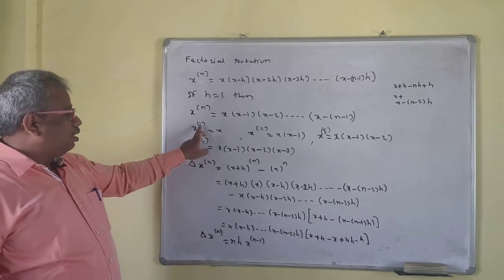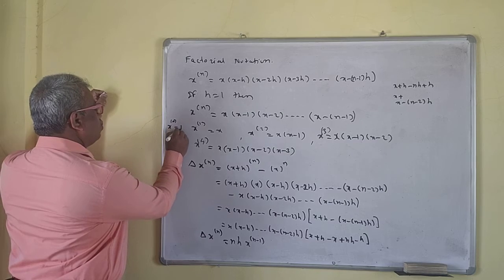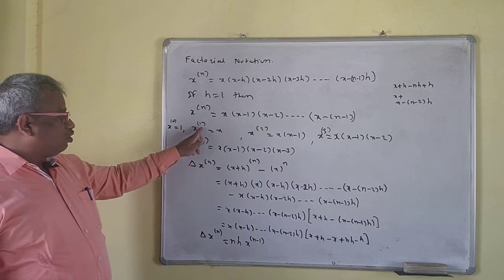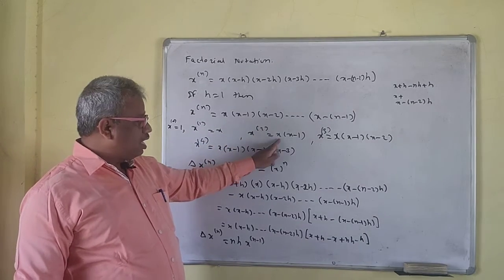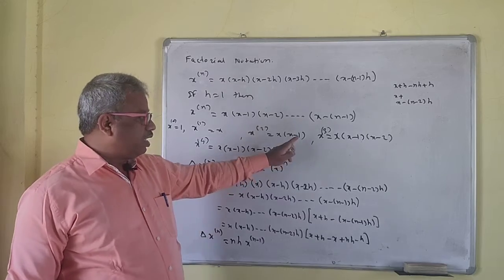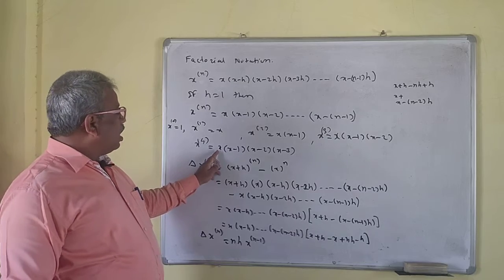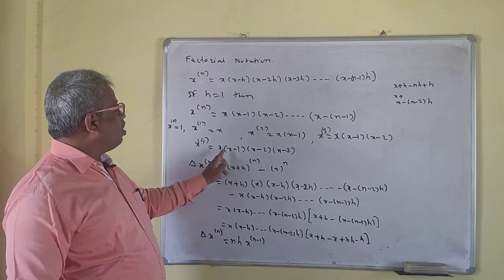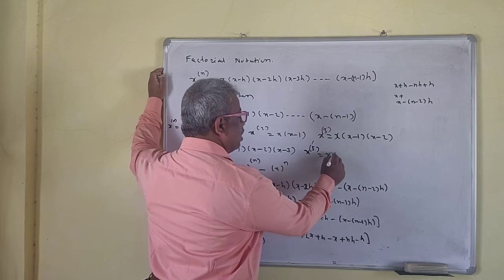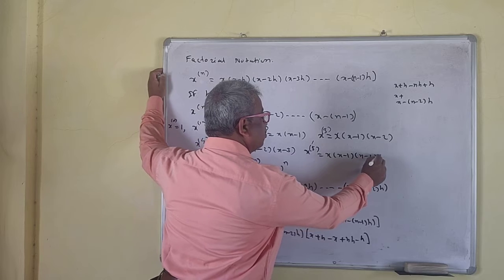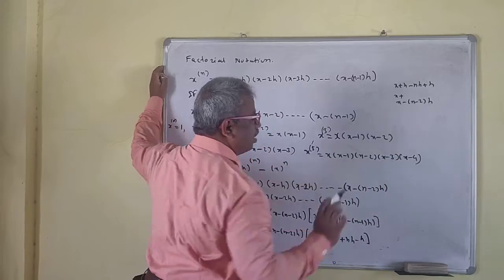Note that x to the power 0 is 1, and x to the power 1 is x. x to the power 2 is x(x minus 1). x to the power 3 is x(x minus 1)(x minus 2). x to the power 4 is x(x minus 1)(x minus 2)(x minus 3), which has 4 products. Similarly, x to the power 5 is x(x minus 1)(x minus 2)(x minus 3)(x minus 4), which has 5 products.